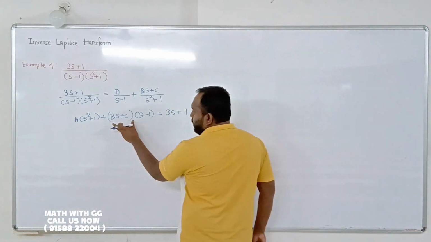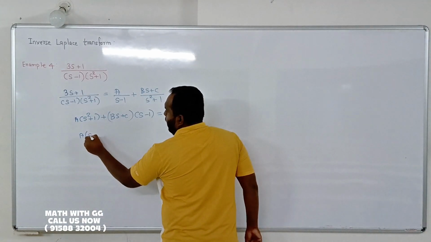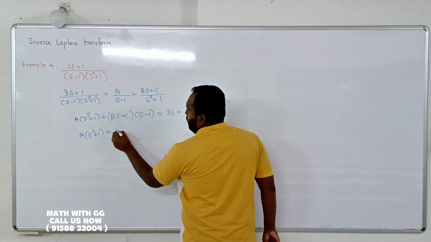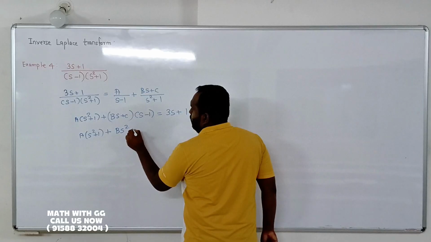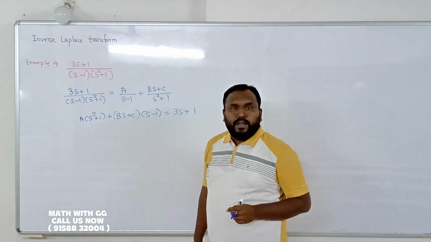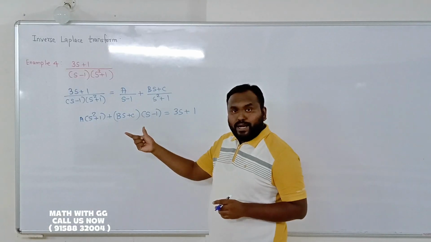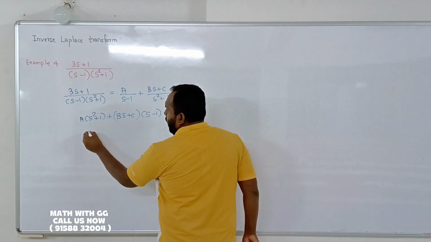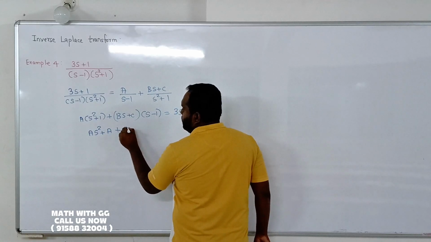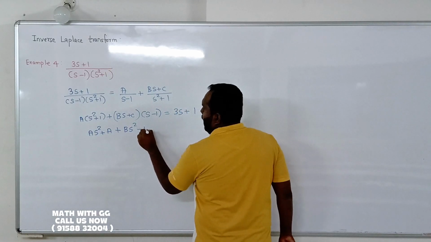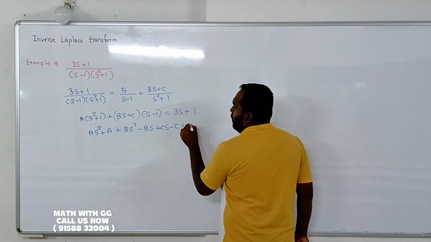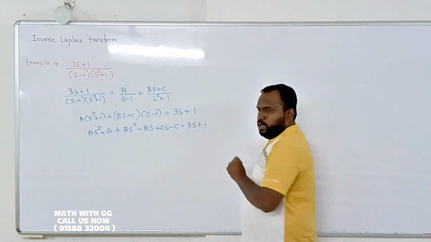Now, multiplying these brackets and simplifying the terms, we will equate the coefficients. So we get as square plus a plus bs square minus bs plus cs minus c equal to 3s plus 1.